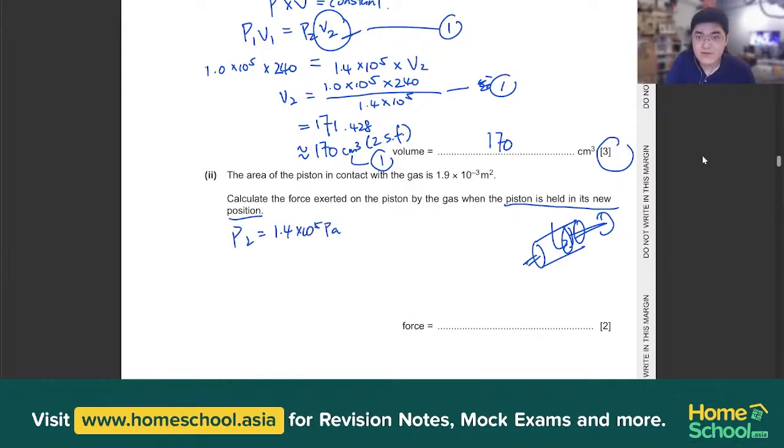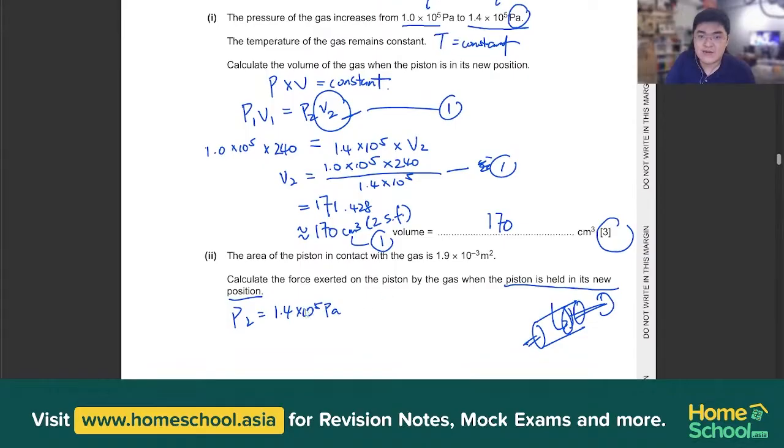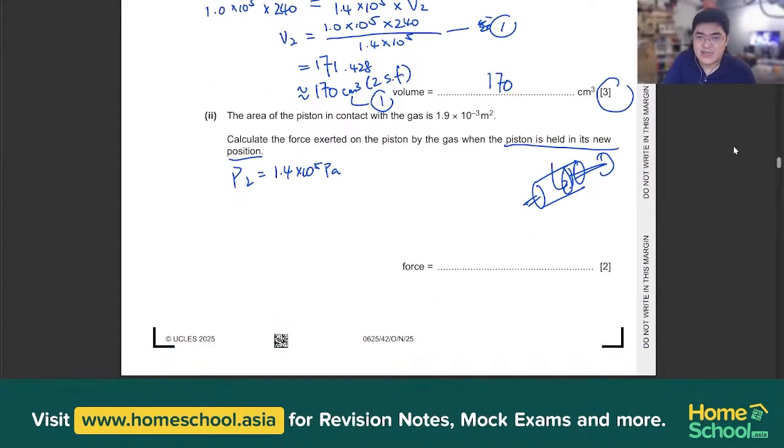That is our pressure that's exerted already. We also know that pressure is equals to force over area. We've also been given the area in contact with the piston, which is 1.9 times 10 to the power of minus 3 meters squared. So we now need to find the force.